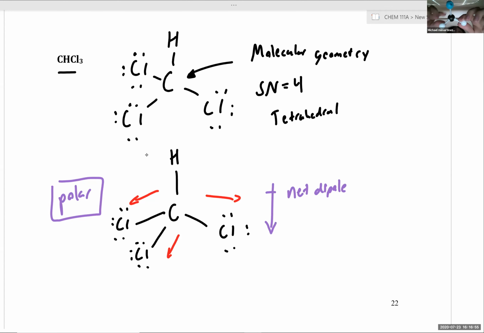If we look at the tetrahedral geometry, do you notice how all of our chlorines are on the bottom side of our molecule? Like all of these white spheres that we'll use for chlorine? So all of our bond dipoles are pointing towards chlorine. Are they pointing up or down? Down. Exactly right. Does that make sense?